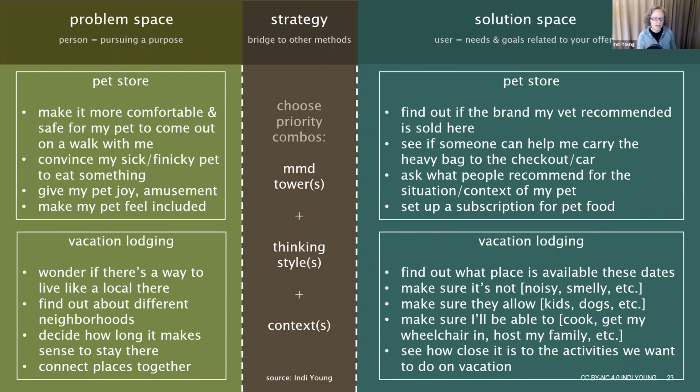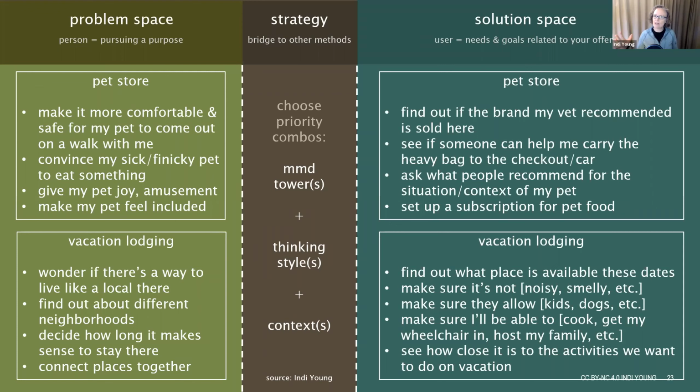So in that respect, you as a person still have a purpose of, well, is that place available for these dates, or what dates is that place available? And I want to make sure that it works for me. I want to make sure that I can bring my dog, or that I can bring my wheelchair in there. I want to make sure that it's close to the activities that we want to do, or how it fits in with the whole chain of places that I want to go to.